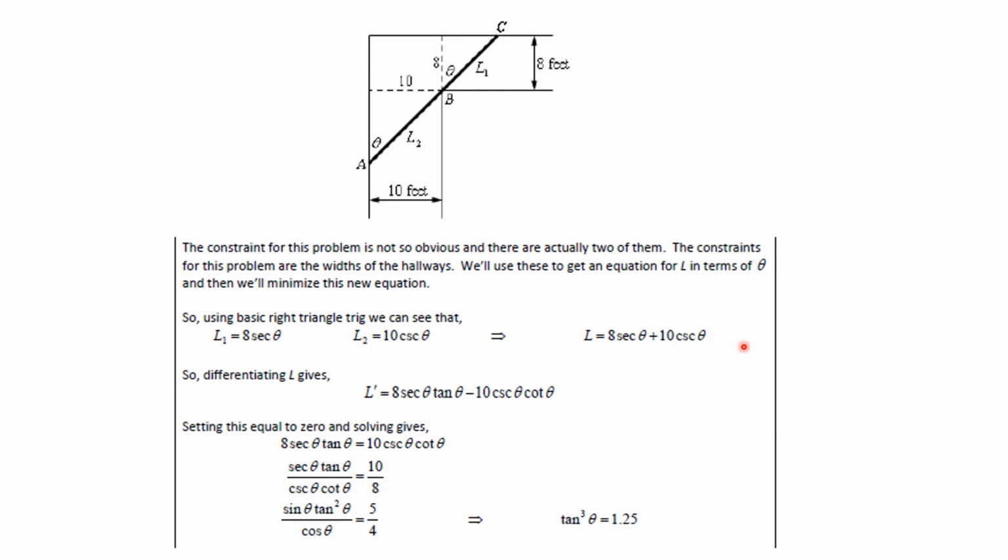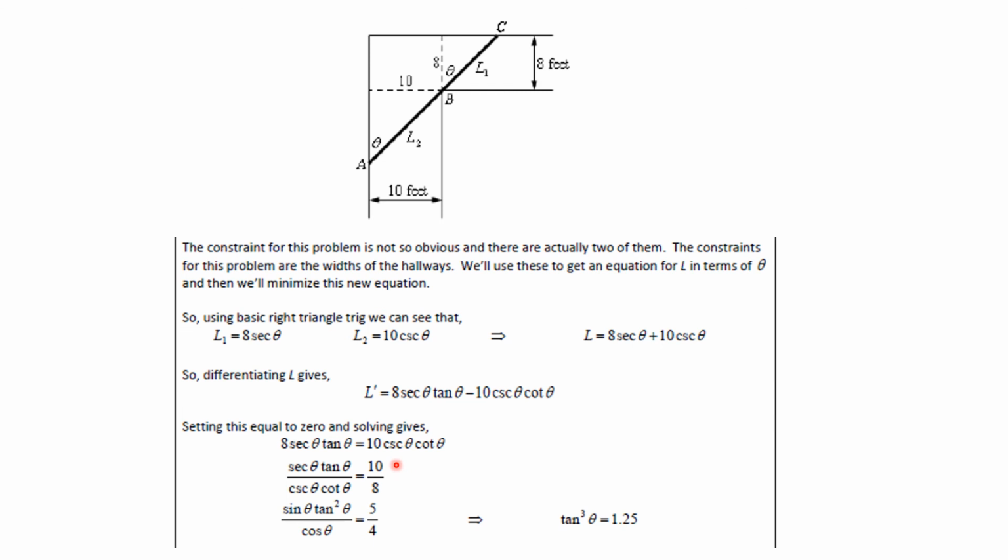If we take the derivative, and yes, it is important to remember how to differentiate trig functions, we get L prime equals 8 secant theta tan theta minus 10 cosecant theta cotangent theta. We set this equal to 0, and we add 10 cosecant theta cotangent theta to both sides.